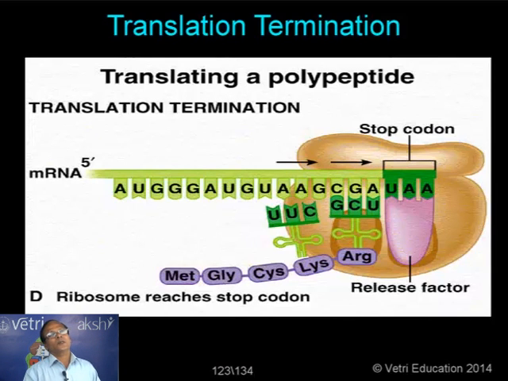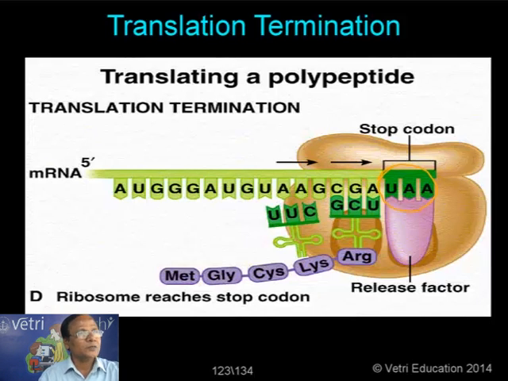nonsense codons. Now here is another diagram, translating polypeptide, translation termination. See that here, normally in these places you have the tRNA. But in this case, once the nonsense codon has been exposed, the place is empty because this codon is not recognized by the tRNA.